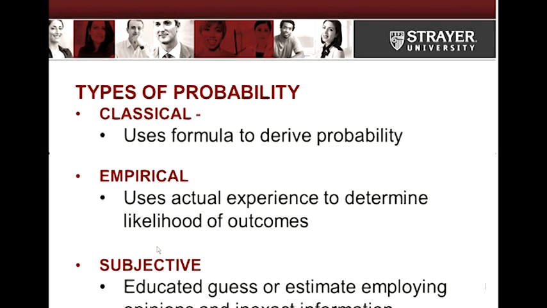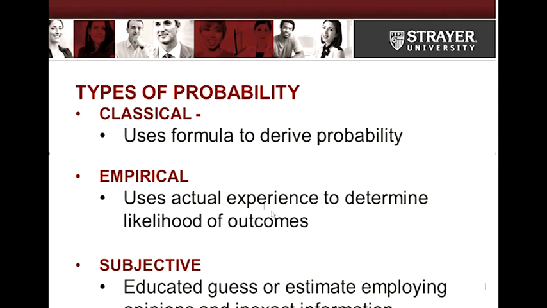Okay? Now there's 3 types of probability. There's classical probability, which uses a formula and the basic nature of your experiment. For example, the probability of tossing a heads on a fair coin. Well, that's 1 out of 2 because of the nature of the coin, not because I did any experiments.